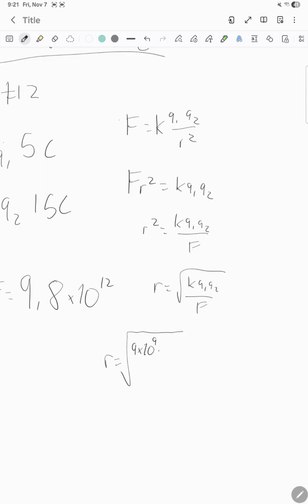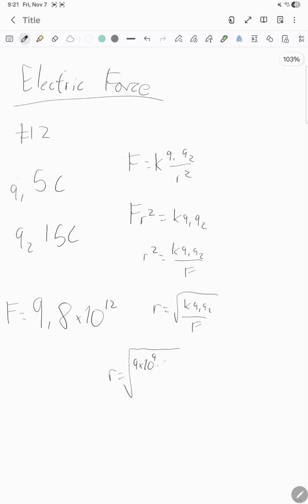multiplied by a charge, which is 5, multiplied by 15, and divided by 9.8 times 10 to the 12. So you can plug that in the calculator.